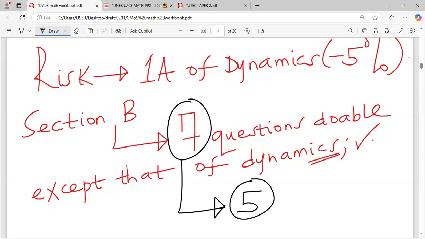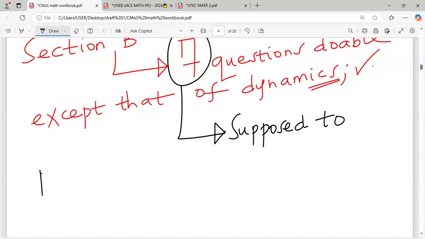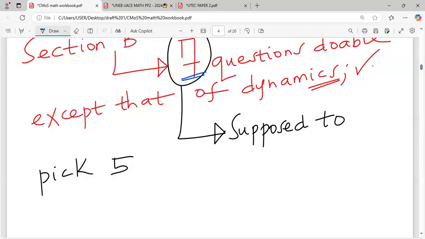Even if your neighbor says that you are supposed to pick 5, for me, I'm saying out of the 7, don't even pick 5, pick 4. Pick 4. That means even if you do 5, I'm even accounting for marks for errors.